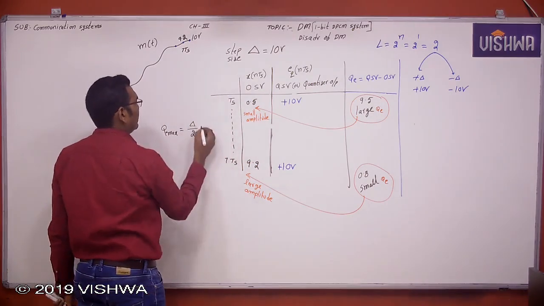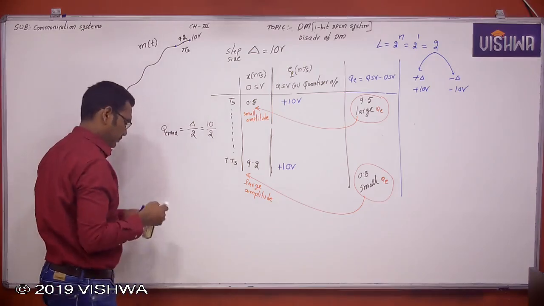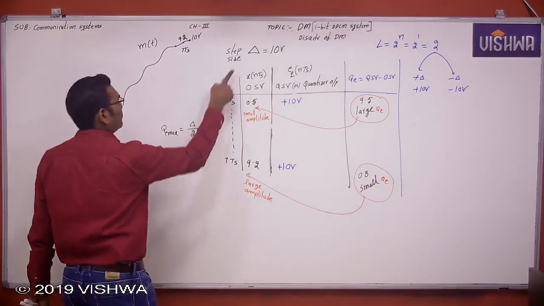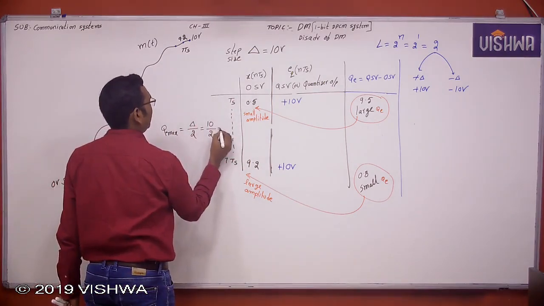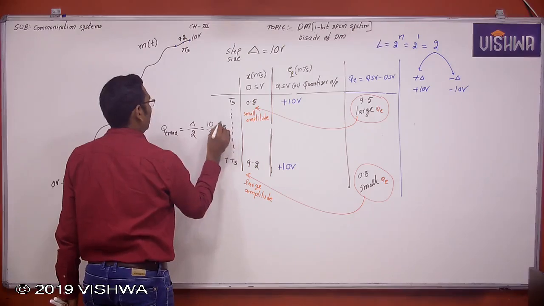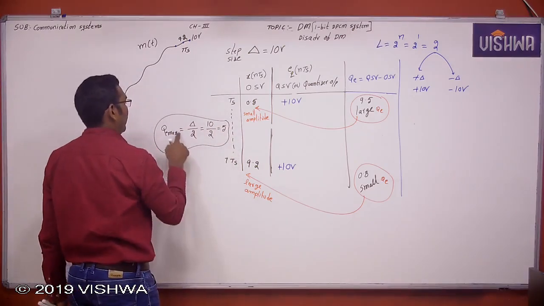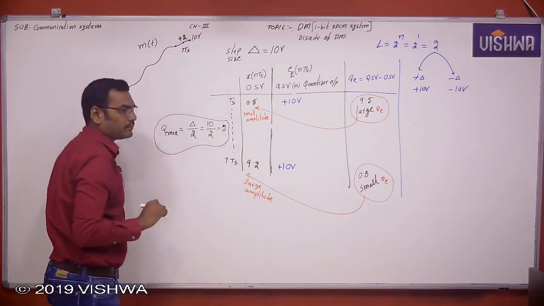So, delta here is 10, and 10 by 2 is 5. So, this is the maximum quantization error, which is equal to 5.